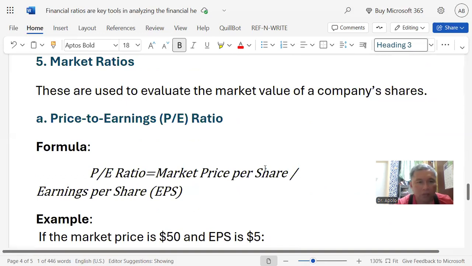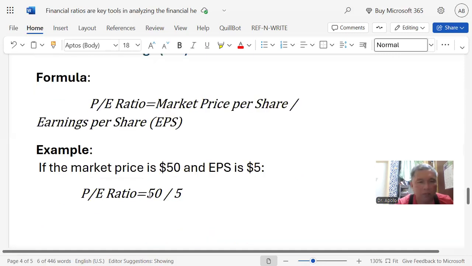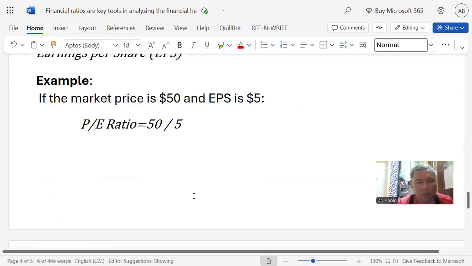We have market ratio, used to evaluate the market value of the company's share. We have the price earnings ratio, that is market price per share divided by earnings per share. If the market price is 50 and earnings per share is 5, the P/E ratio is equivalent to 10.